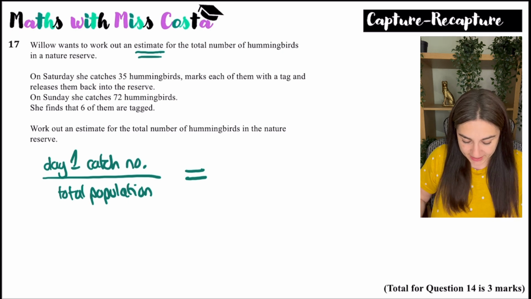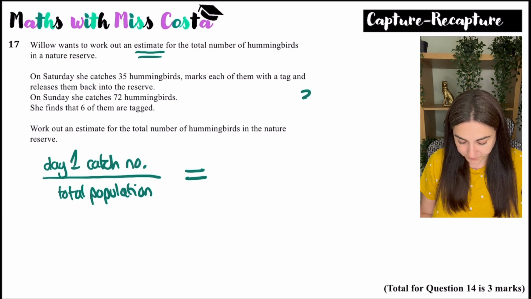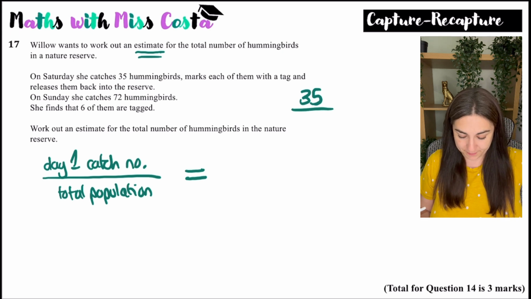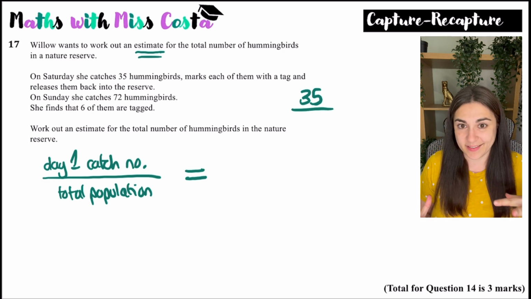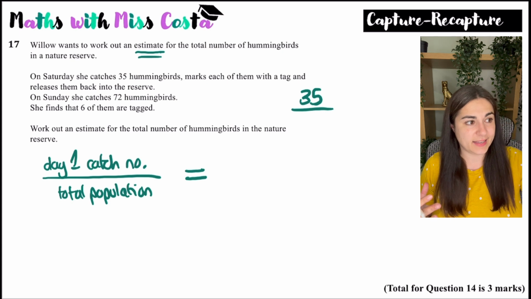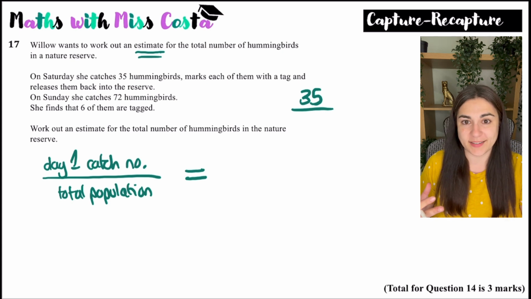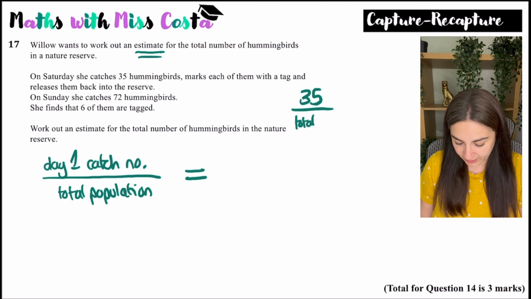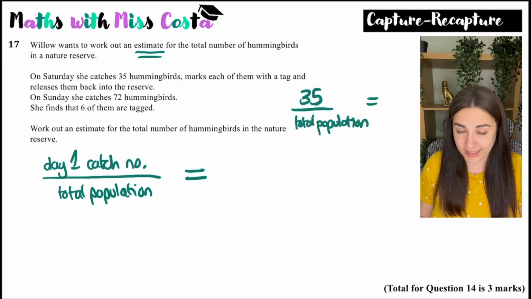So on Saturday she catches 35 hummingbirds, marks each of them and then releases them back into the wild. So the idea is that these 35 birds are representative of the whole population. So 35 over the total population, to estimate the population, I make it equal to what I then capture on my second day.